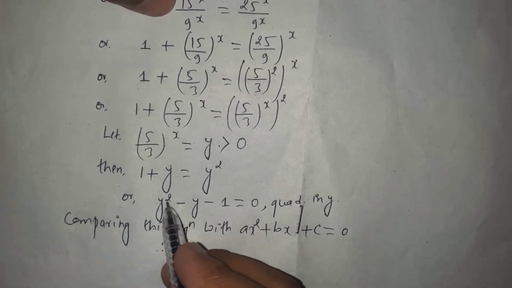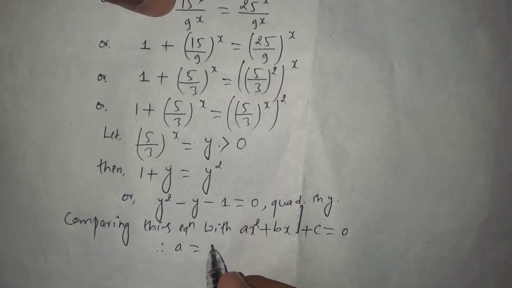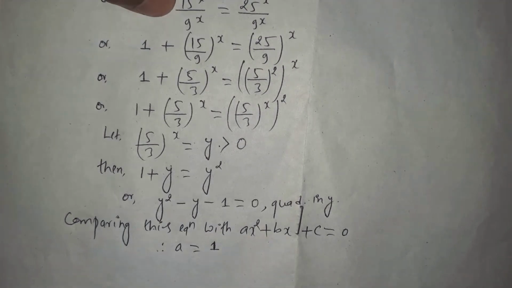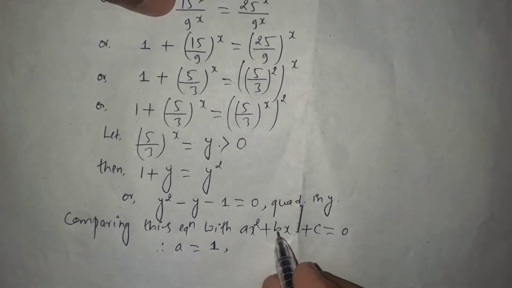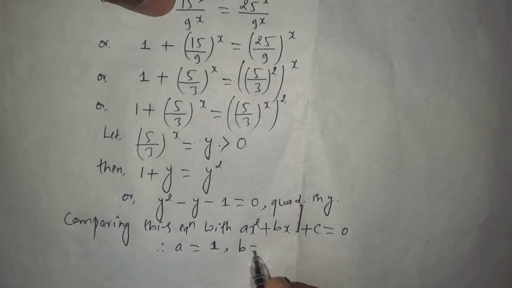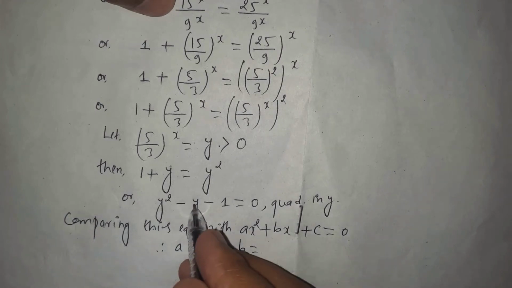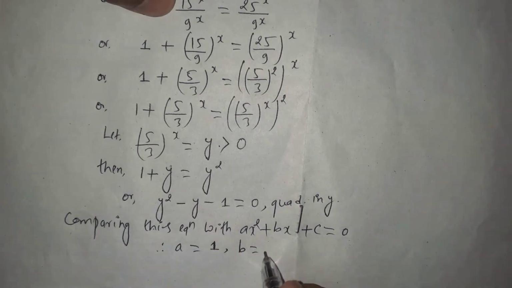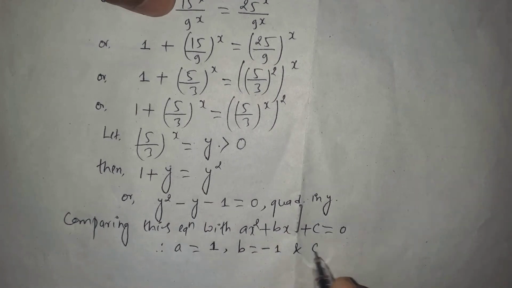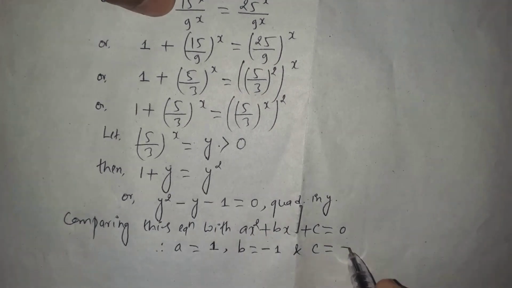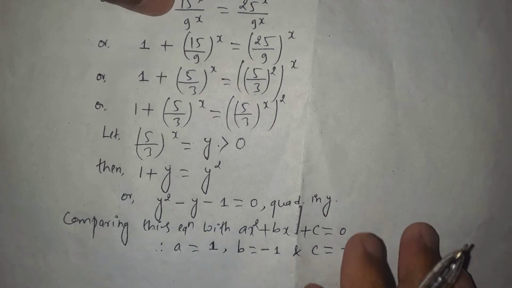Here in our equation, the coefficient of y square is 1. The value of b is the coefficient of x, and here the coefficient of the variable is negative 1. And c is the constant term, and here the constant term is negative 1.